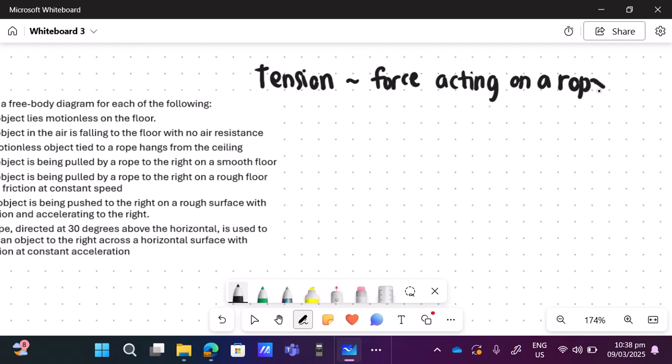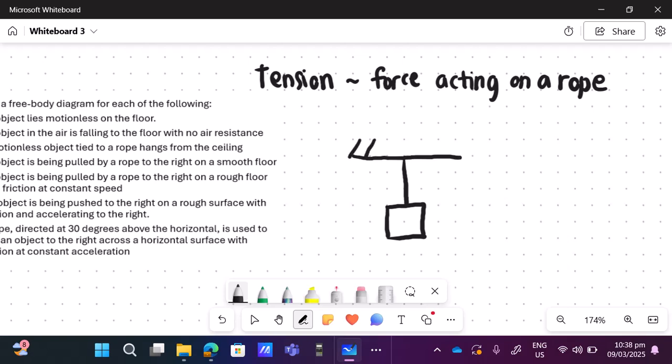And we're told that, supposing we have this object, we have a motionless object. Say for example, we have a box, and it is tied to a rope hanging from the ceiling. Okay, so from the ceiling.